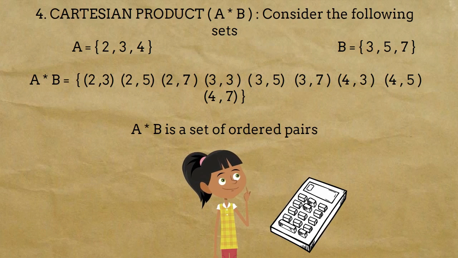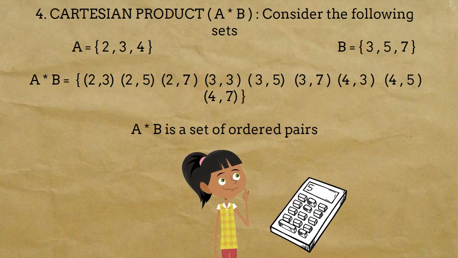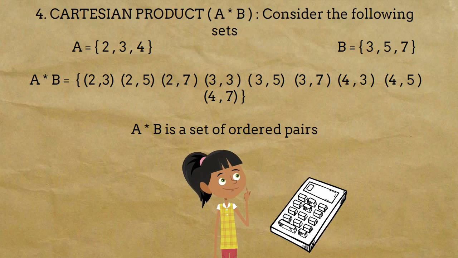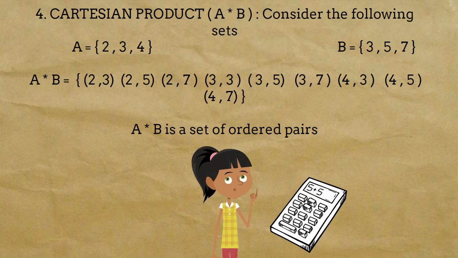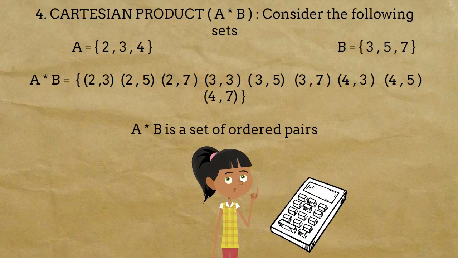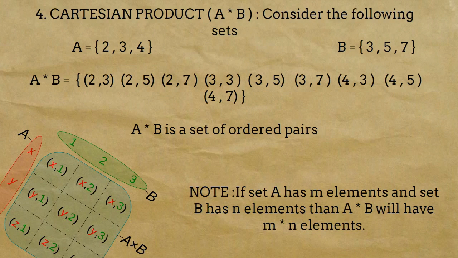In order to multiply these two sets, each element of A will get multiplied by the other elements present in B. So, A × B would be (2,3), (2,5), (2,7), (3,3), (3,5), (3,7), (4,3), (4,5) and (4,7). We've taken 2 from set A and we've multiplied it with all the three values of set B.